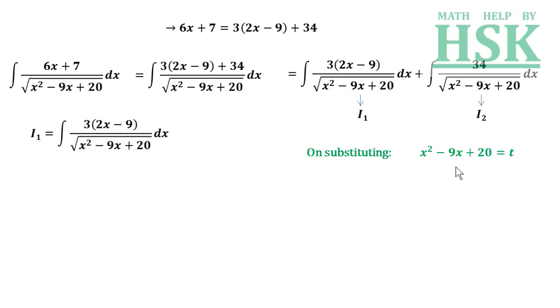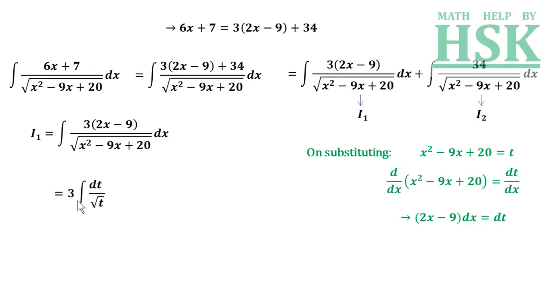Therefore, on substituting x² − 9x + 20 = t, on differentiating both sides with respect to x, I get (2x − 9) dx = dt. I'm going to substitute (2x − 9) dx as dt and x² − 9x + 20 as t.